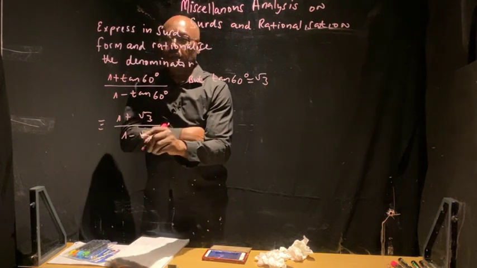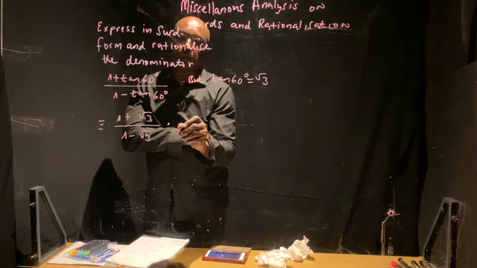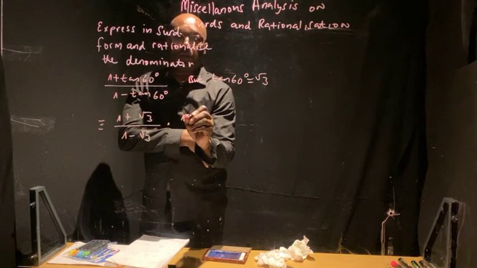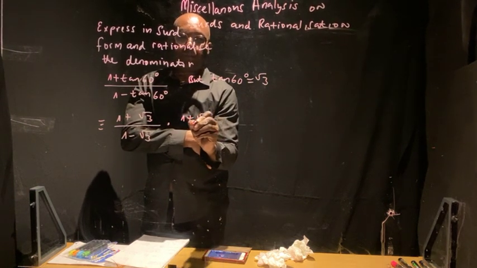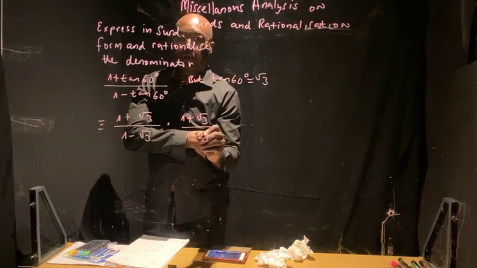In that vein, the negative here is going to be positive as we rationalize it. So it becomes 1 plus root 3 over 1 plus root 3.